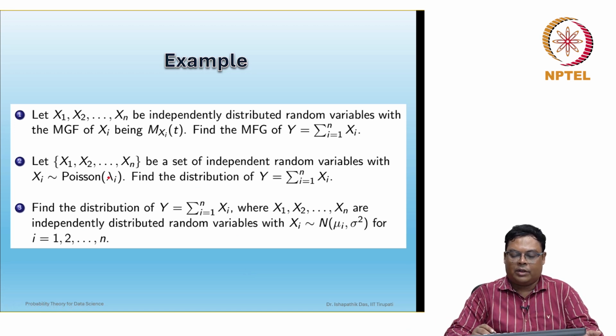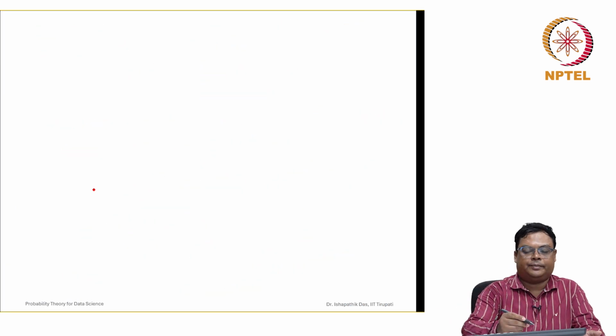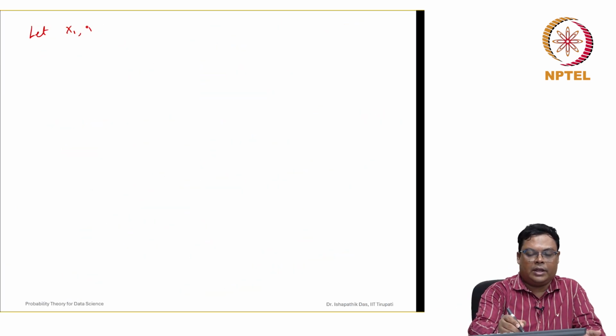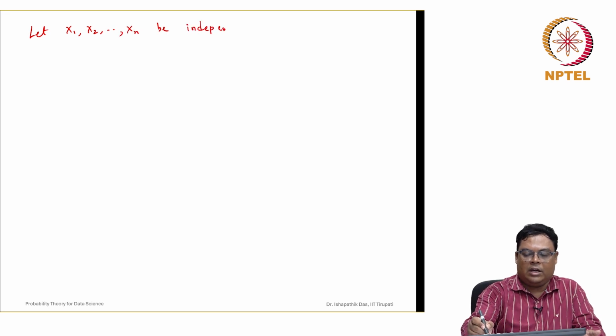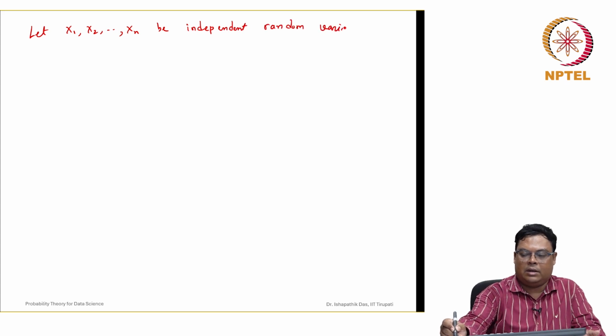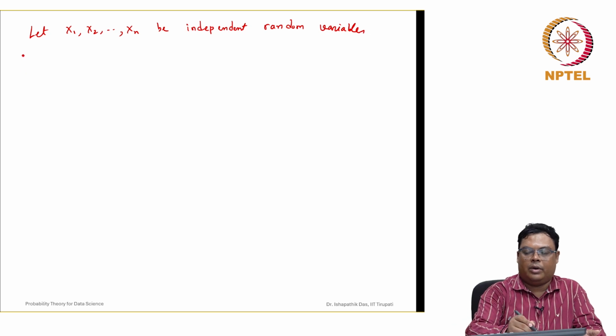First of all, X1, X2, ..., Xn are a set of independent random variables, where each Xi has Poisson distribution with parameter lambda_i for i equal to 1 to n.